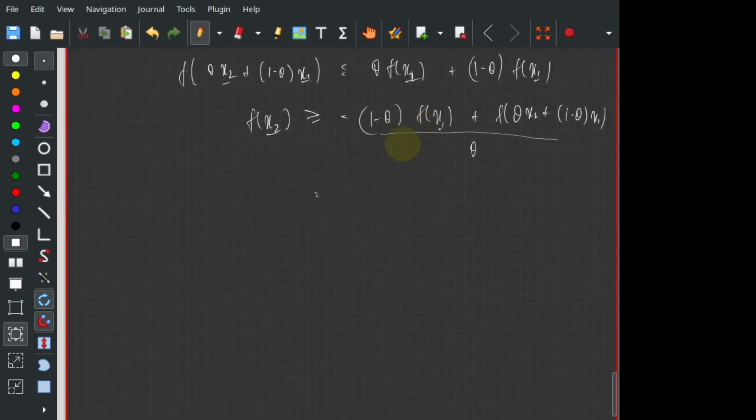So let's isolate one term containing f of x1. So I have theta times f of x1 divided by theta. So that is just f of x1 plus I have f of theta x2 plus 1 minus theta x1 minus f of x1, divided by theta, right?